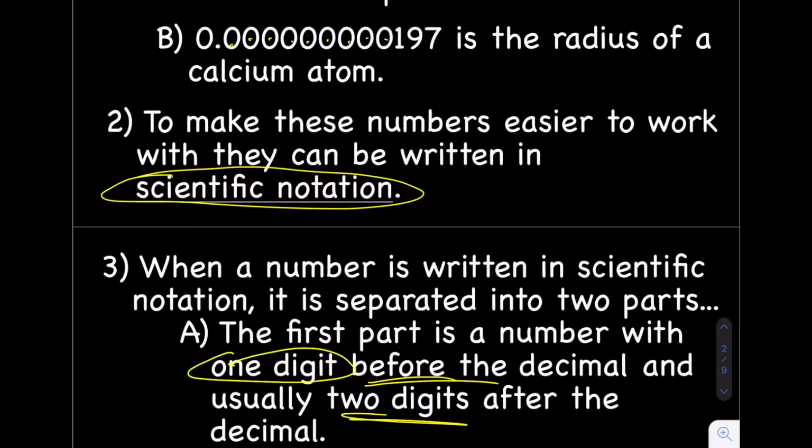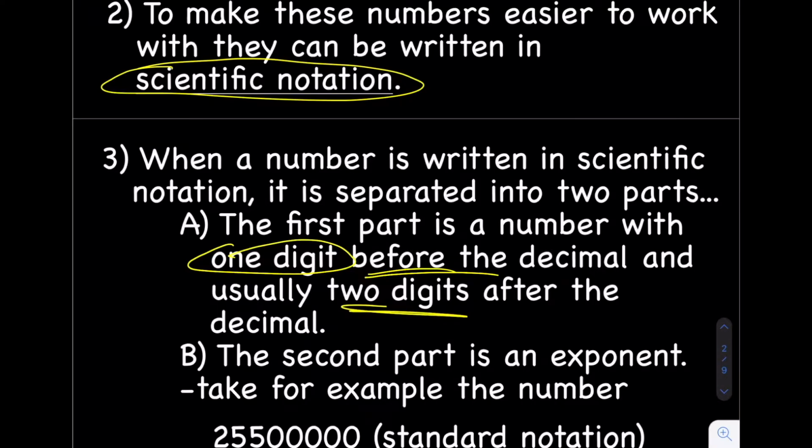So for this number up here, we would just be looking at these non-zero digits, and we would have 1.97. Now, 1.97 is absolutely not the same number as 0.000 and so on 197, right? Totally different number. So there's a second part to this. The second part is what we call an exponent.